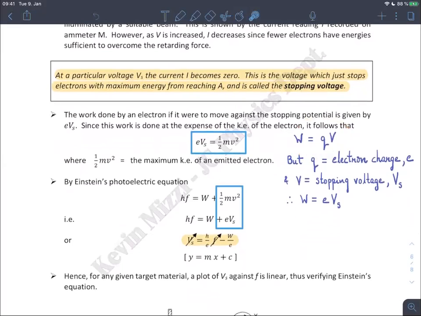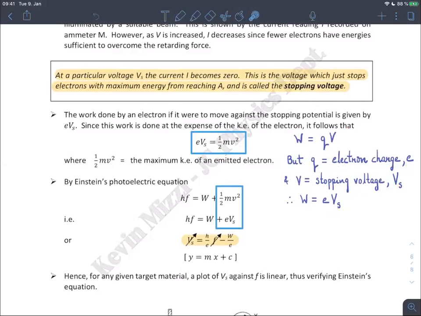But Q is now the electron charge e, the constant 1.6 times 10 to the minus 19 coulombs, whereas V, as we said, would be the stopping voltage Vs. Hence we get W is equal to e Vs. Thus, the loss in kinetic energy of the electron, half mv squared, is equal to e Vs.